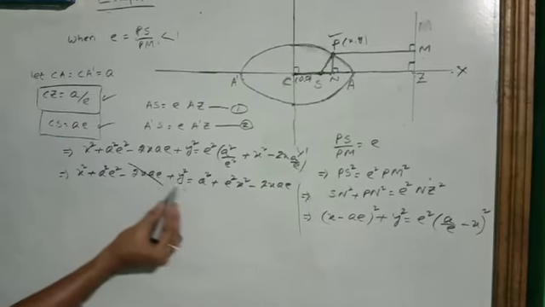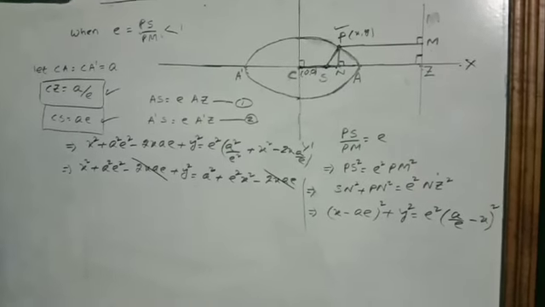Here minus 2xae can be cancelled out from both sides.